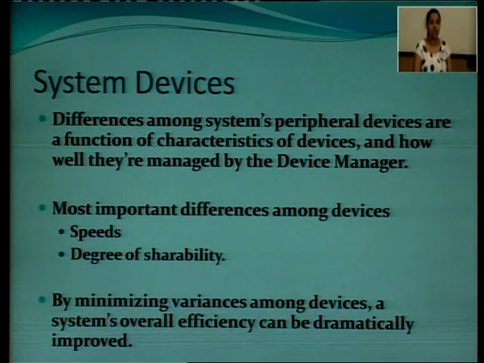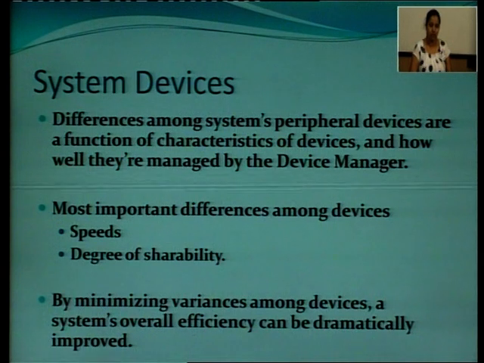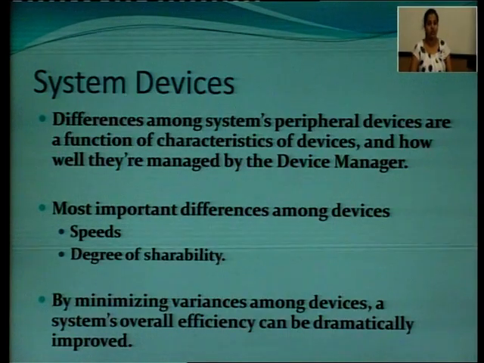And the degree of shareability is whether two operations can use one device at a time. Like a printer can be used by two applications at the same time, because whichever gives the command for printing, the printer will execute it and the things will be done. But if both processes need the scanner at the same time, that will not be possible.